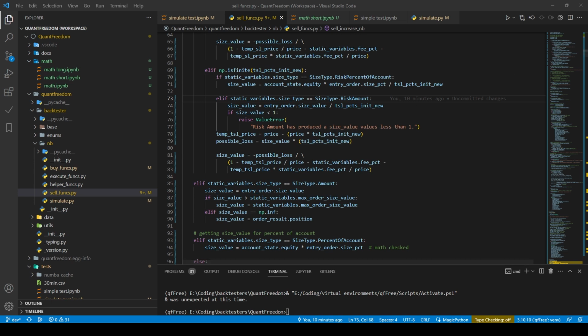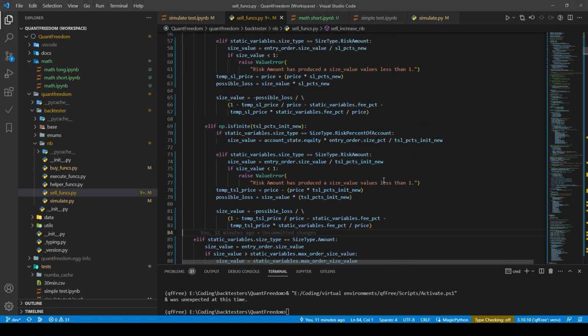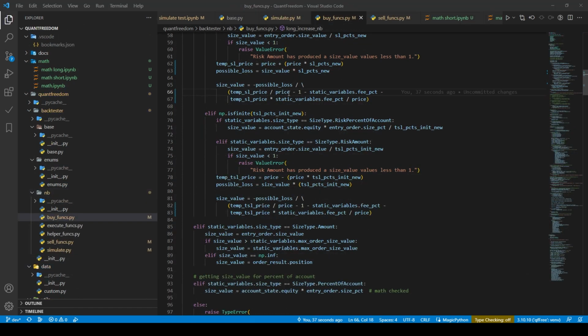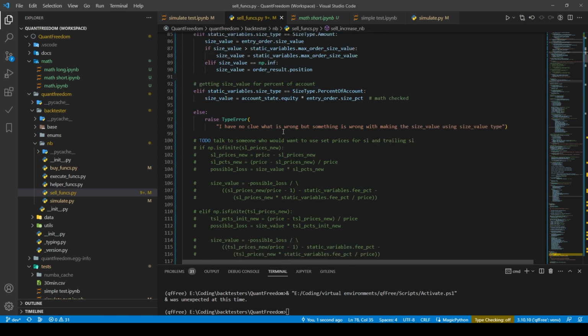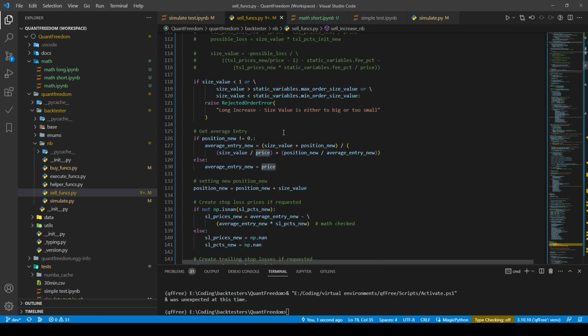Oh, whoops! I have to make sure that I change this. Wait a minute, something is not right here. Yes, so here I have to change this to plus, and this to minus. This is minus, because our stop loss has to be below, and over here this has to be plus, because our stop loss has to be above. So now we continue.